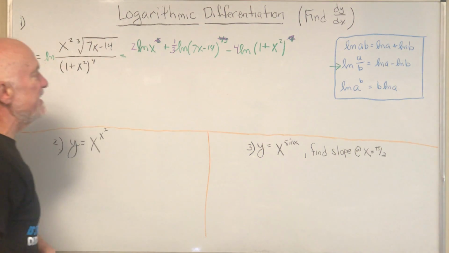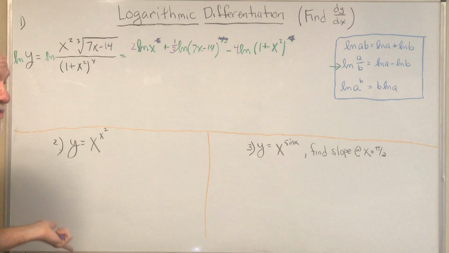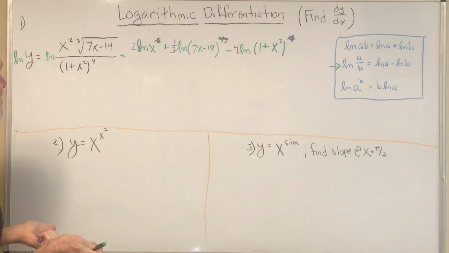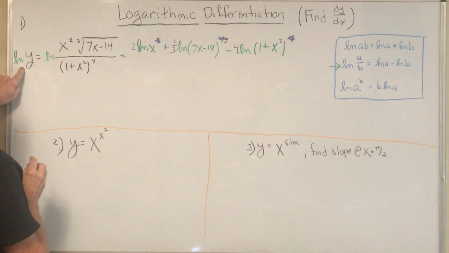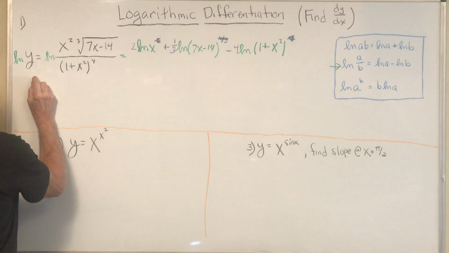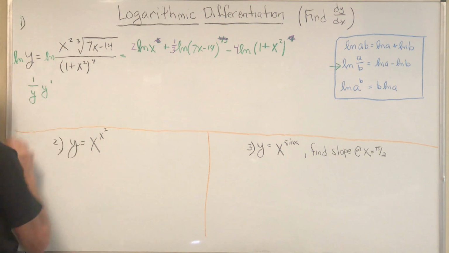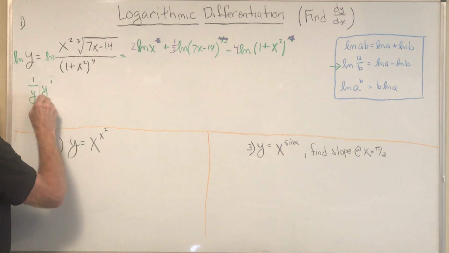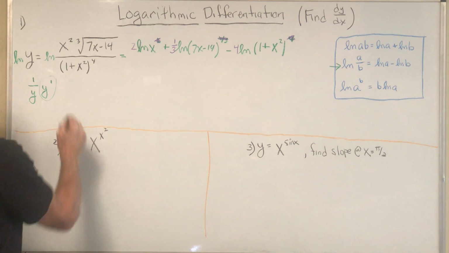Now that we've done that, we take derivatives of both sides implicitly with respect to x, because we're trying to find dy/dx. So the derivative of the natural log of y is 1 over y prime. Well, that's what we're trying to find right there, y prime, dy/dx.